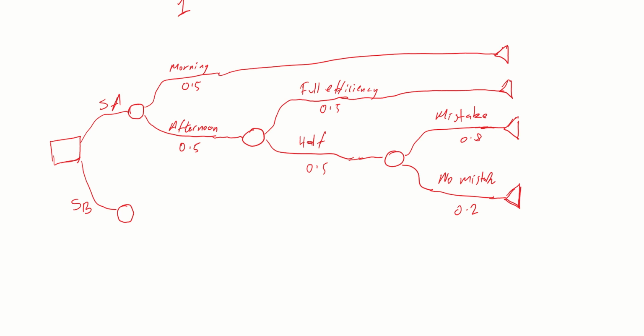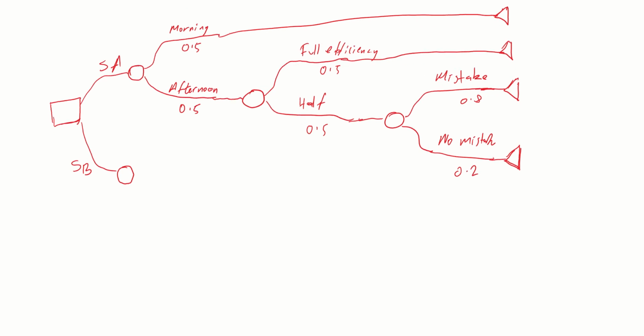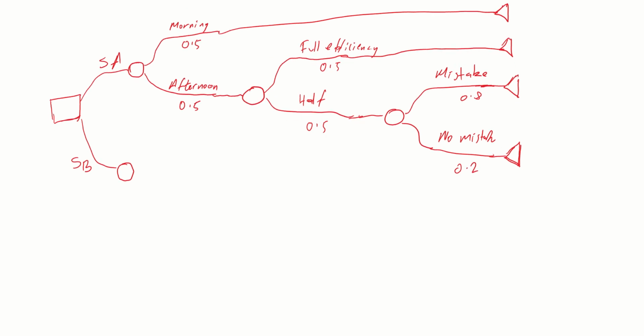Let me move on to subcontractor B. So for subcontractor B, again, it's the same sort of concept. I have my chance node, and it's to denote whether they will rock up in the afternoon or in the morning. So the chance that they would rock up in the morning is 0.6.